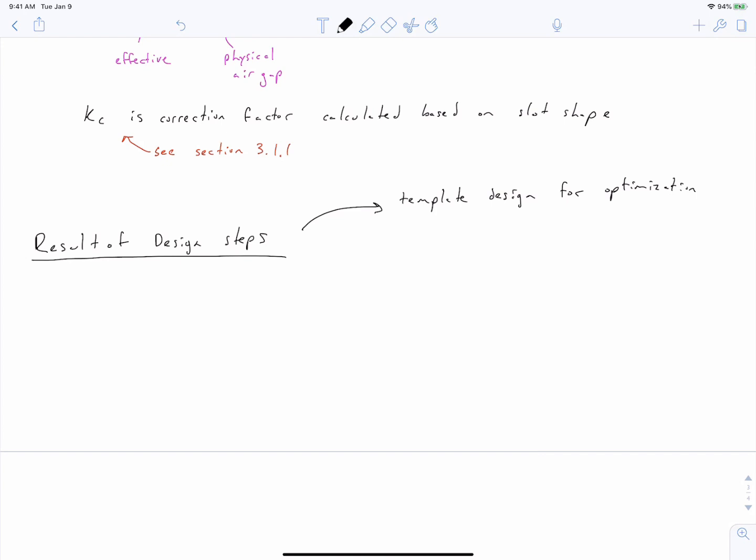If you're trying to design a 1 megawatt motor, you're going to have a rough idea of what the radius, the length, the radius of your rotor, the axial length of the machine, what a rough approximation for your air gap length is, how big your teeth should be. And you can use that to impose constraints on your parameters in the design process.